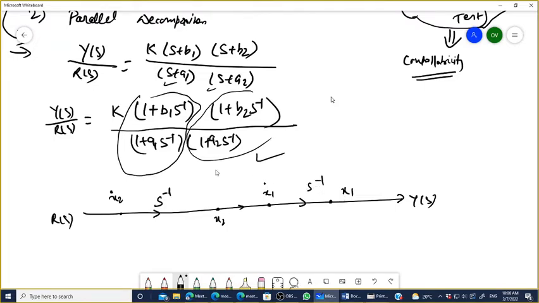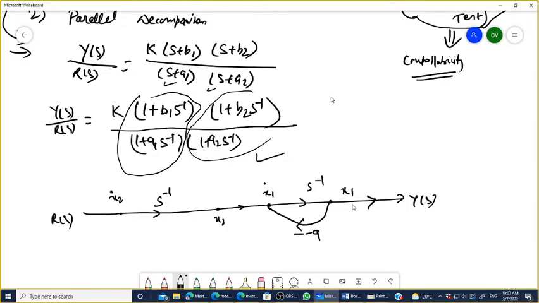Okay, now come to this. This is x1. So minus a1 is in the feedback side, right? And what is b1? b1 is like x1 dot.